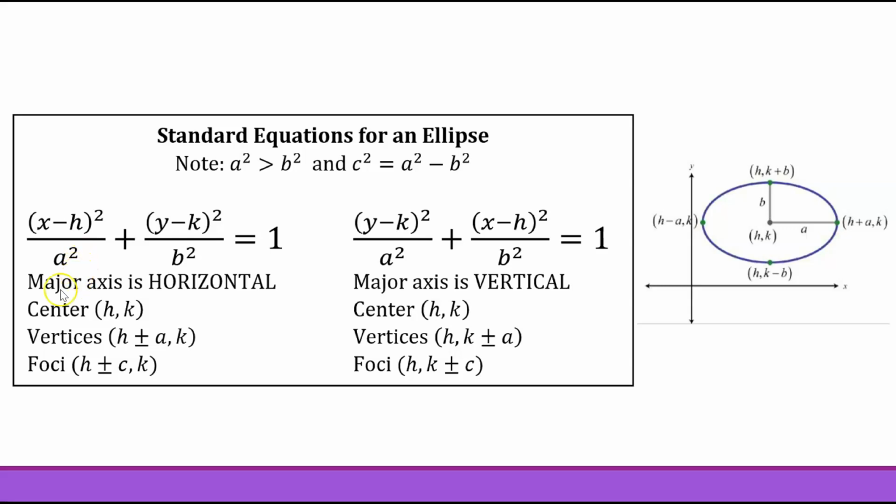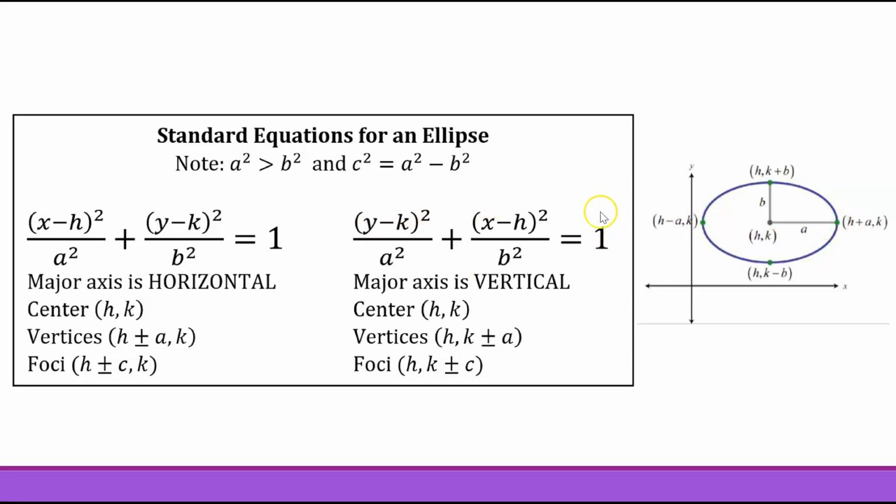And this ellipse has a major axis that is horizontal. So for example, this picture here, the major axis is horizontal because the value of a is below the variable x. So remember, a squared is bigger than b squared. So if the number below x is bigger, then the major axis is horizontal.